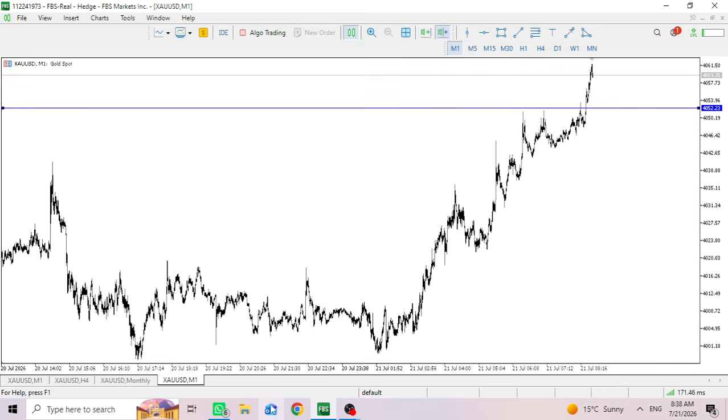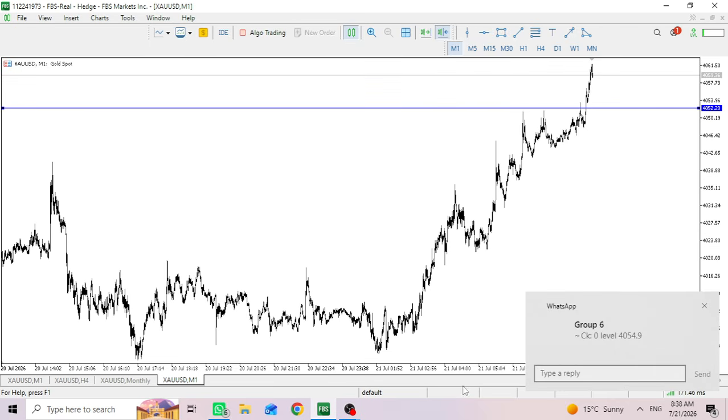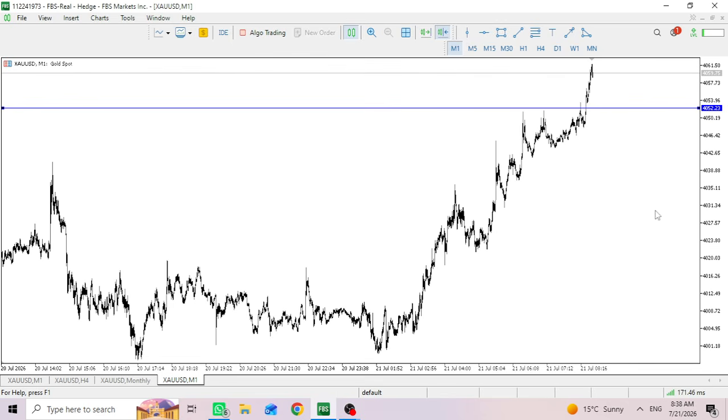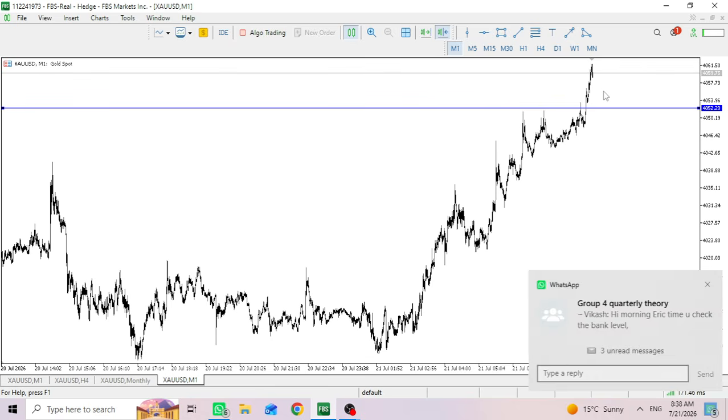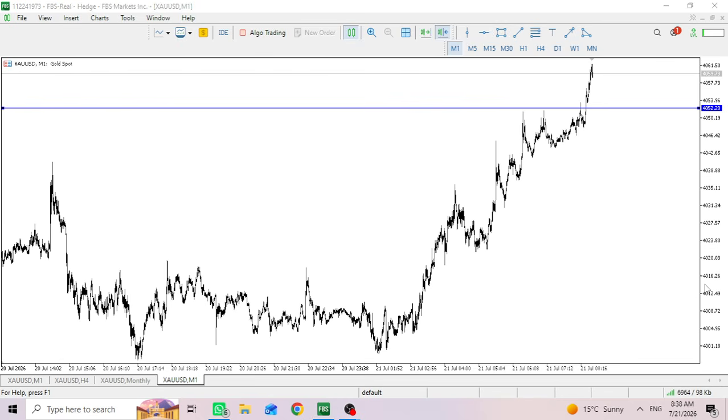After it breaks, it breaks to 4054.59, which is the bank zero banking level. Let me check. But already it helps me, as the market has already broken to the upside. 4054.9, yeah, it's very right.